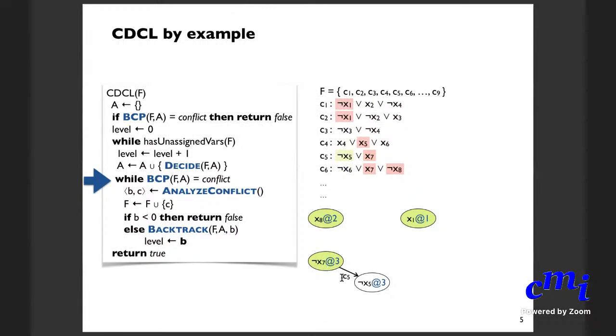Let me ask this question. Once you make this decision at level 3 of not X7, what does BCP do? As I told you, doing a unit resolution is like plugging in the truth values you assigned. That makes C5 unit. Therefore, that implies a decision on X5.